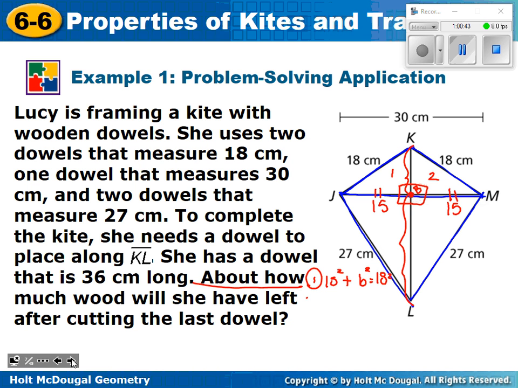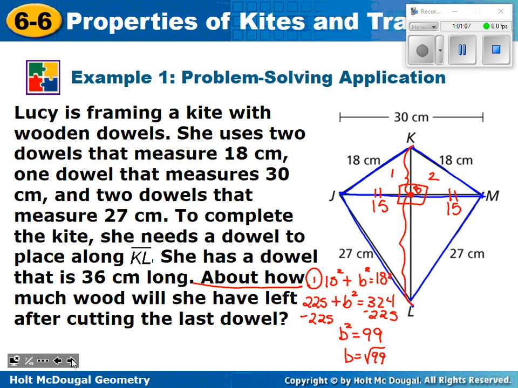All right, 15 squared I know is 225 plus b squared. I don't remember what 18 squared is. 324. And then we're going to subtract 225 to get that b squared is equal to 99. And then we're going to take the square root of that.